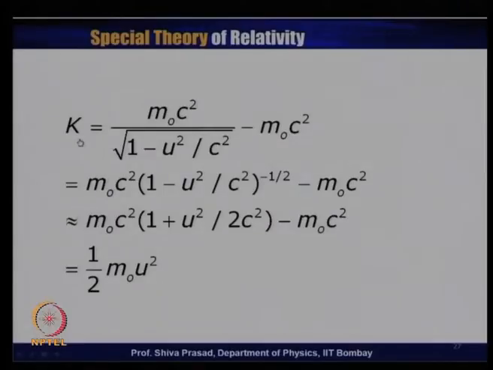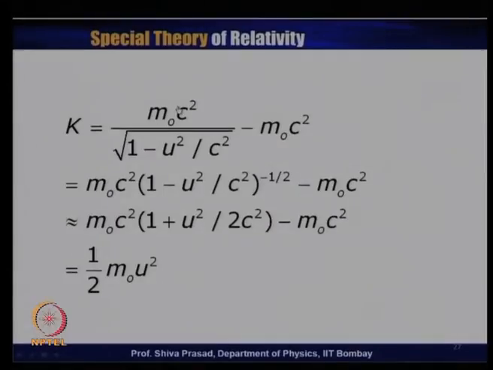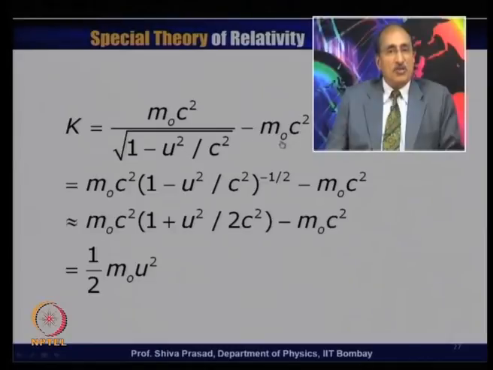I have written K as m naught c square times gamma u. Gamma u is 1 upon under root 1 minus u square by c square. So this is the value of mc square minus m naught c square. I take this quantity in the numerator, and I can write this as m naught c square multiplied by 1 minus u square by c square, to the power of minus half.